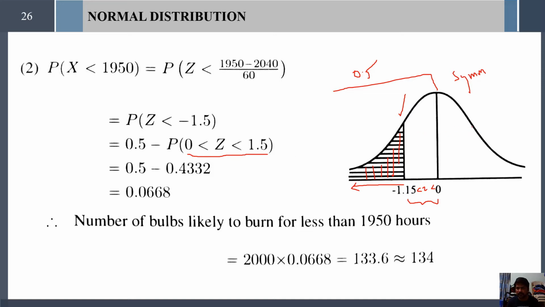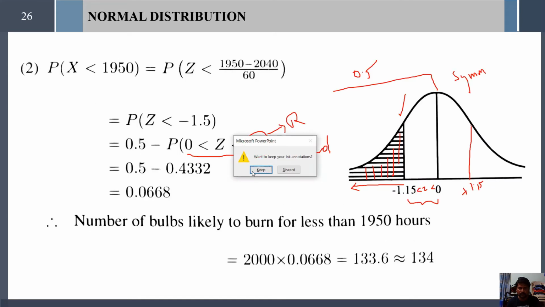So we need the 1.5th row and 0th column of the normal table.